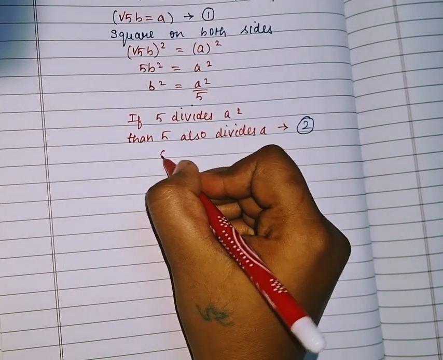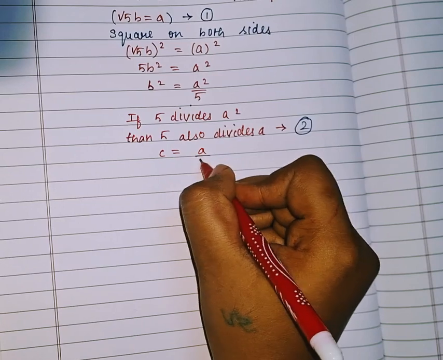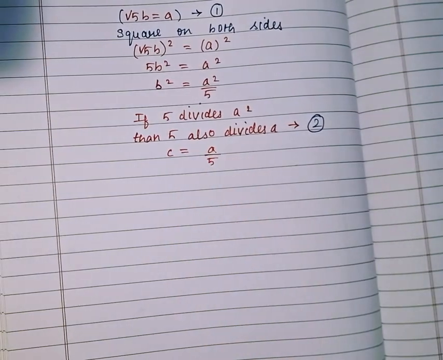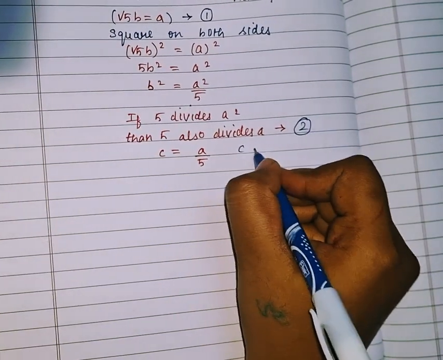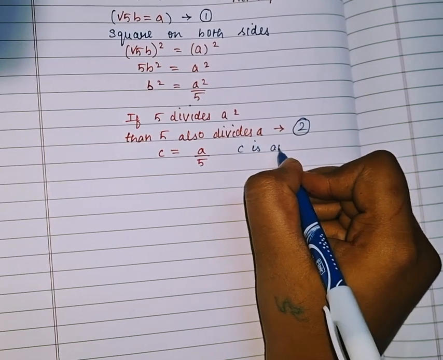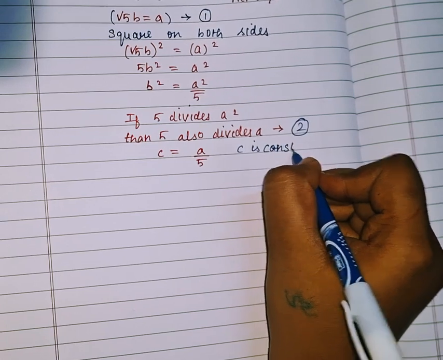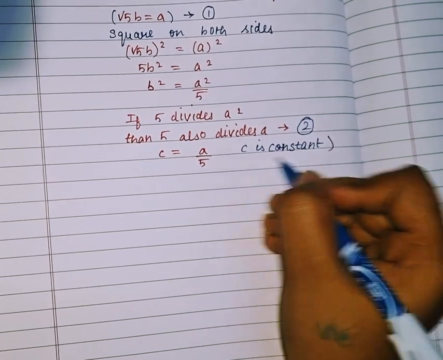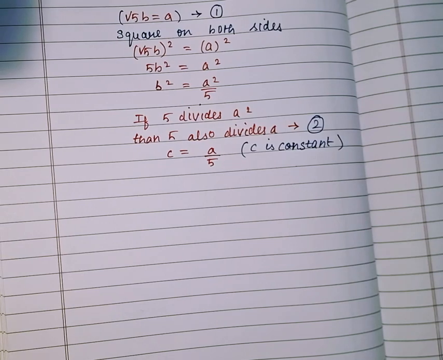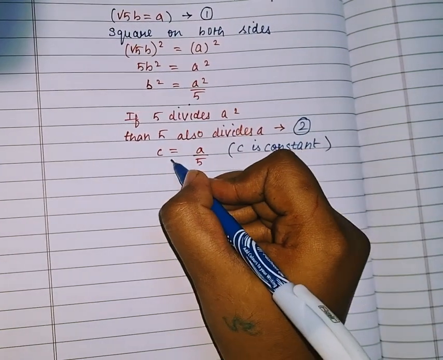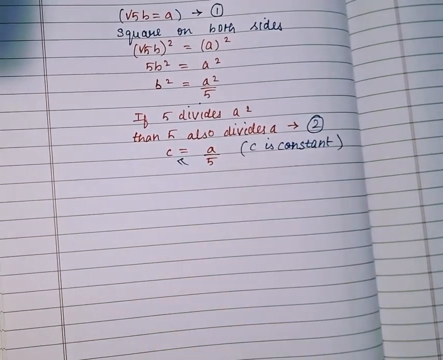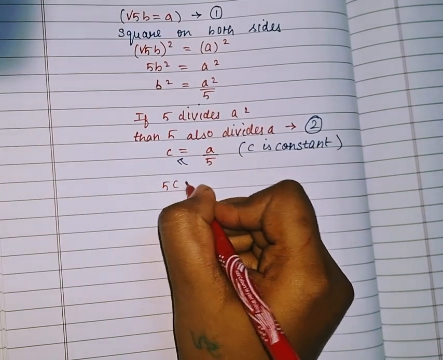Now c is equal to a by 5 where c is a constant. So now we must multiply 5 with c. 5c is equal to a.